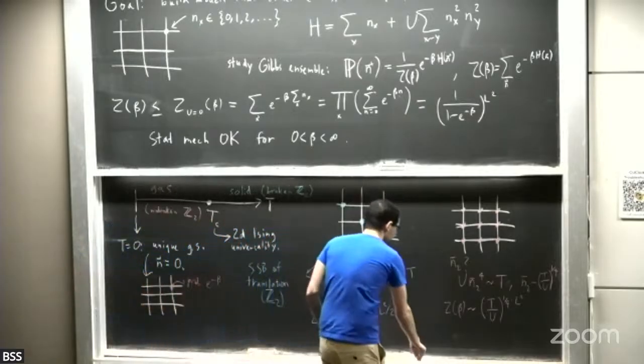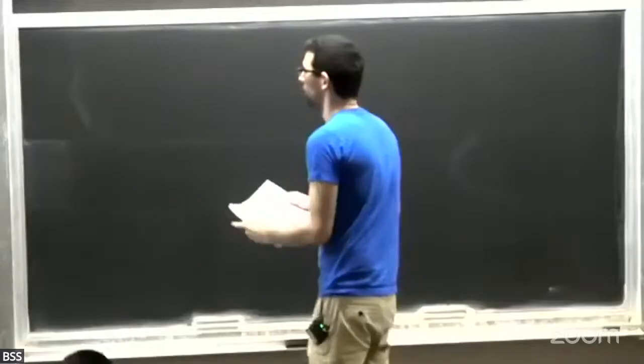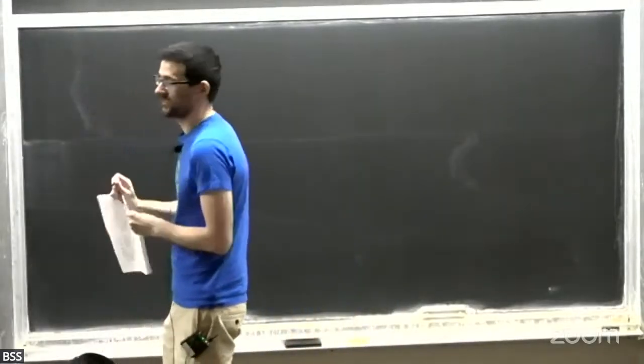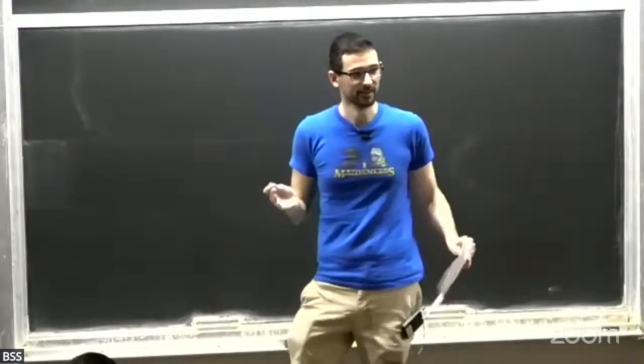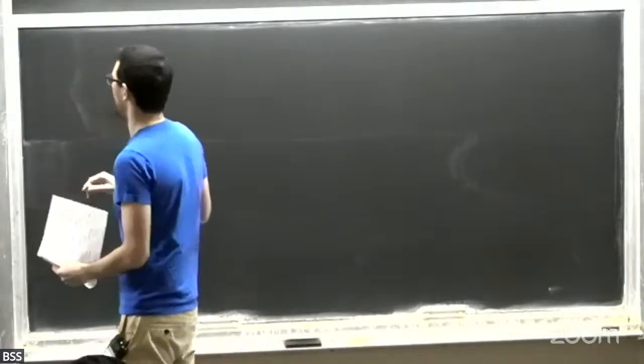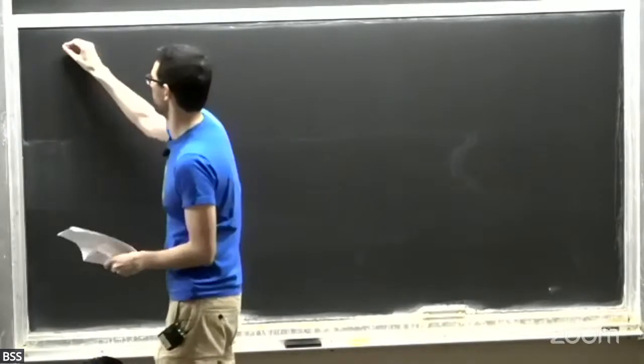Let me now make a few general comments about what's going on here. Sometimes in physics it helps to rebrand something, so we're going to rebrand this idea, emphasizing the fact that this order persists all the way to very high temperature.